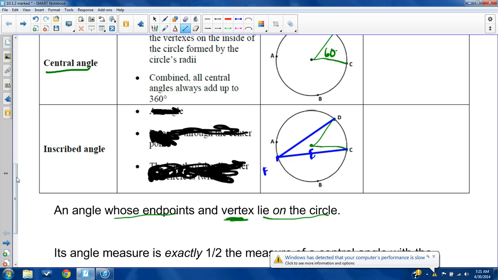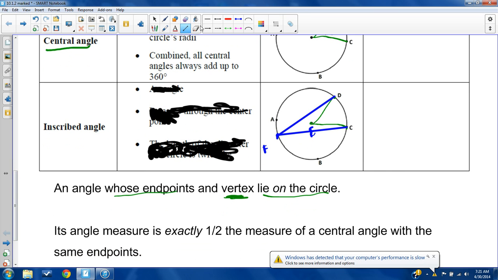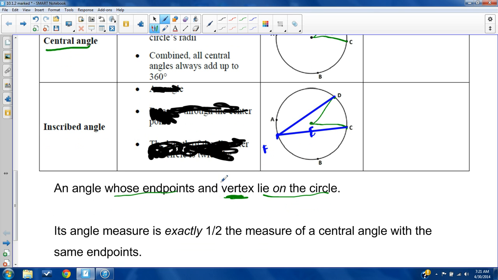Now the next portion of this says, well, what's the measure of it? Its angle measure is exactly half the measure of a central angle with the same endpoints. So you can see here, here's a central angle that is DEC, and I think we called it 60 degrees before.